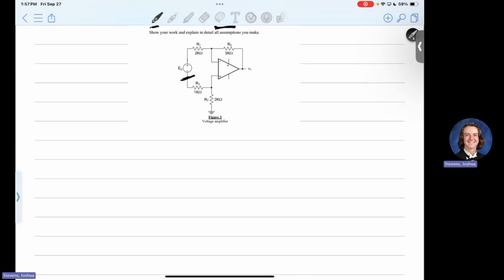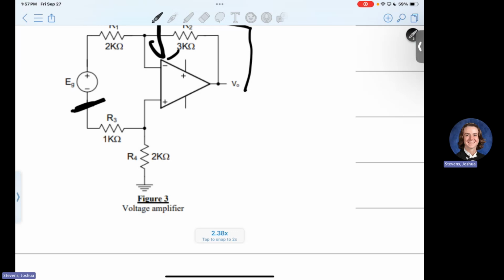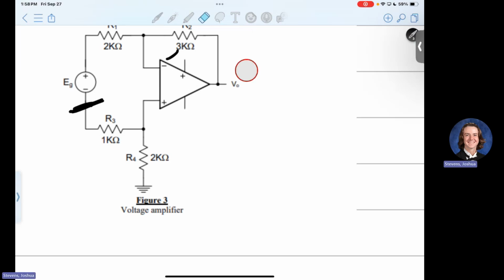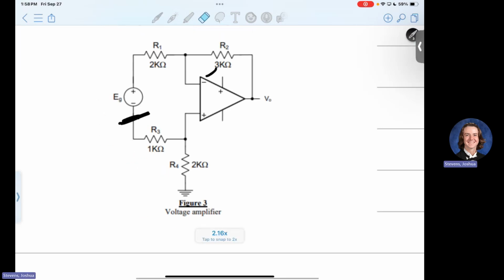Does anybody else agree? We all agree? Sweet. Yes, it is a minus. Bingo. It's an inverting. Cool. What do we do with the EG source? Turn it off because we are doing basically what? Bingo. All right, cool.